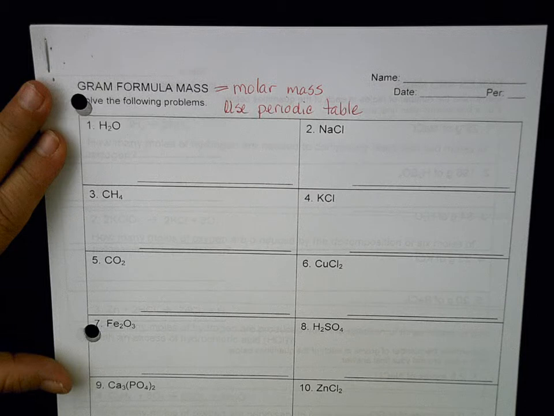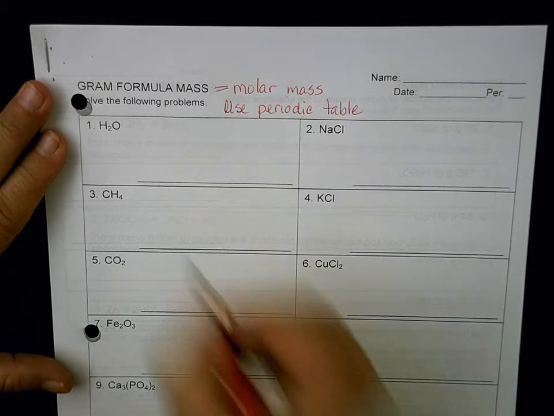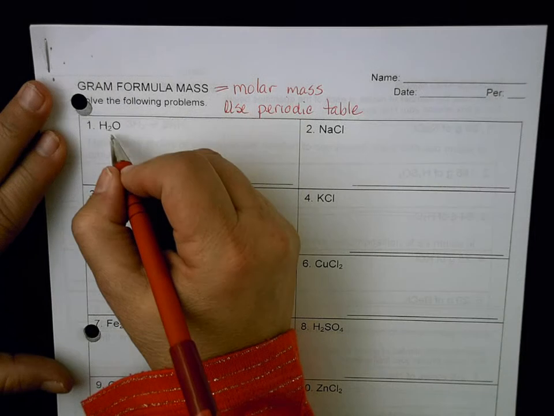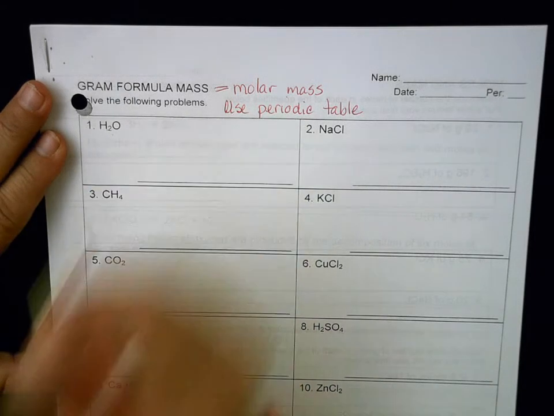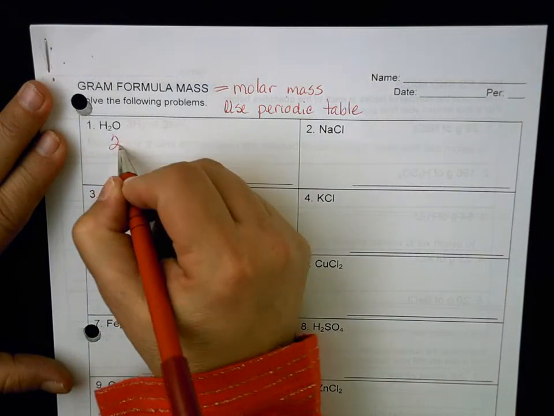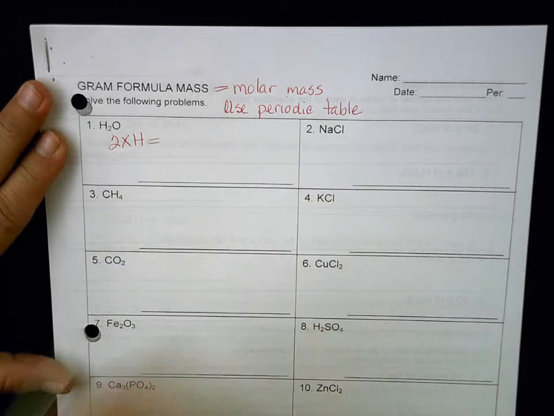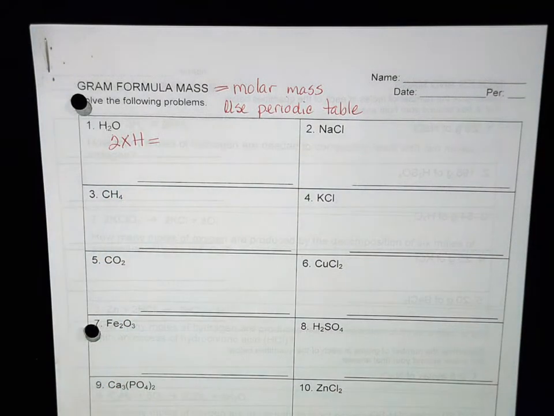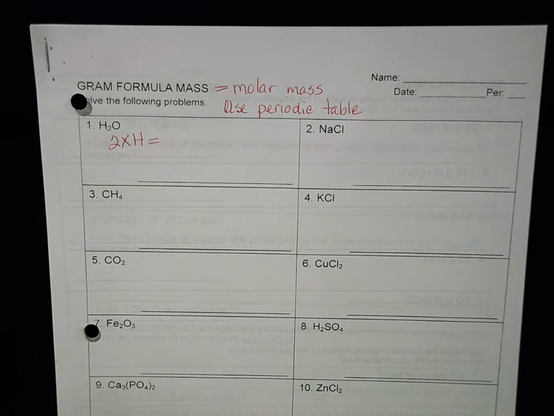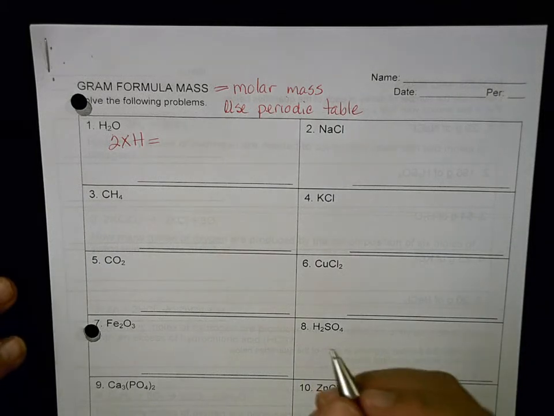We need to find the mass of hydrogen. And we have, in this case, in our formula for H2O, 2 times hydrogen. When we look up hydrogen on the periodic table, we notice that it says 1.01.